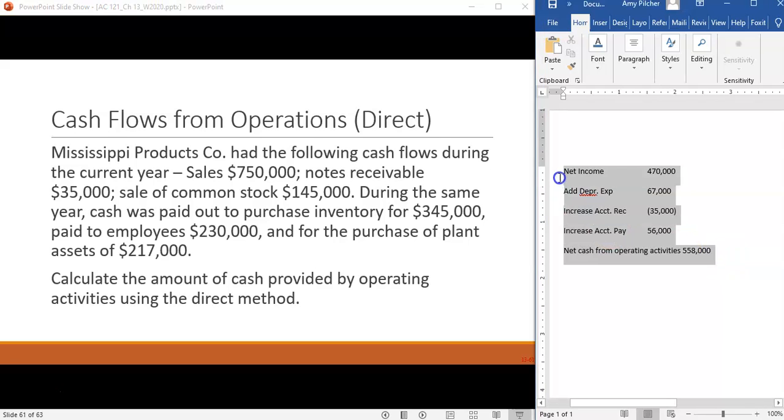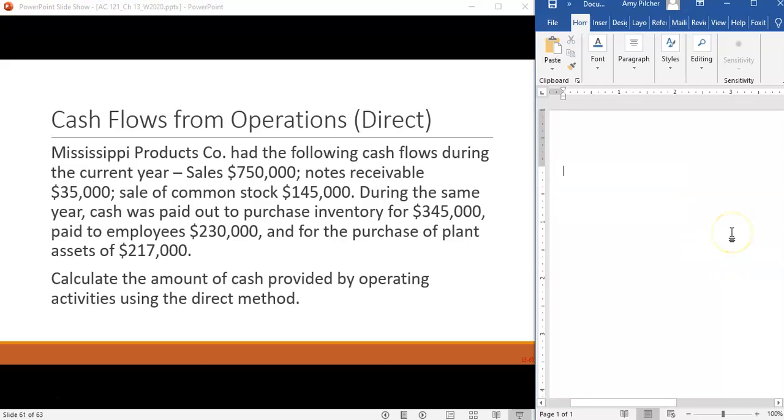In this example, we're going to look at the direct method. So we have sales, we have information about a notes receivable, we've sold common stock, we also paid out to purchase inventory and paid employees and purchased some equipment. So then it says that we only want to do the operating activities section of the statement of cash flows.